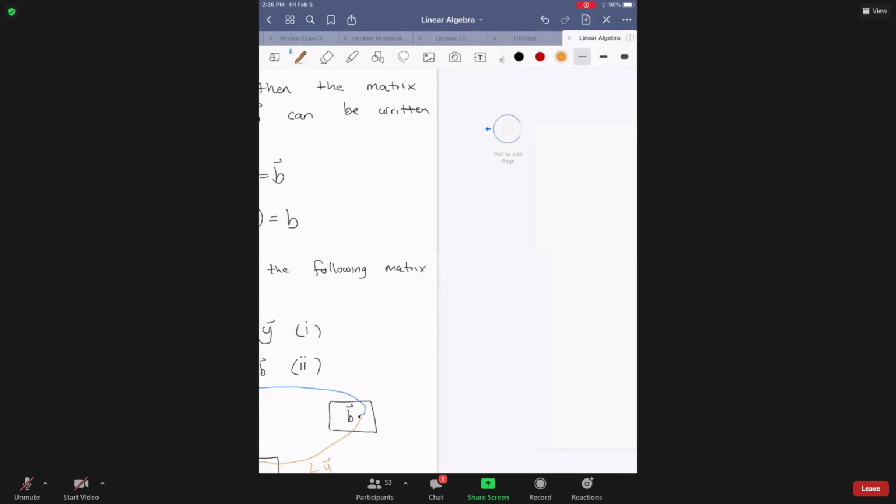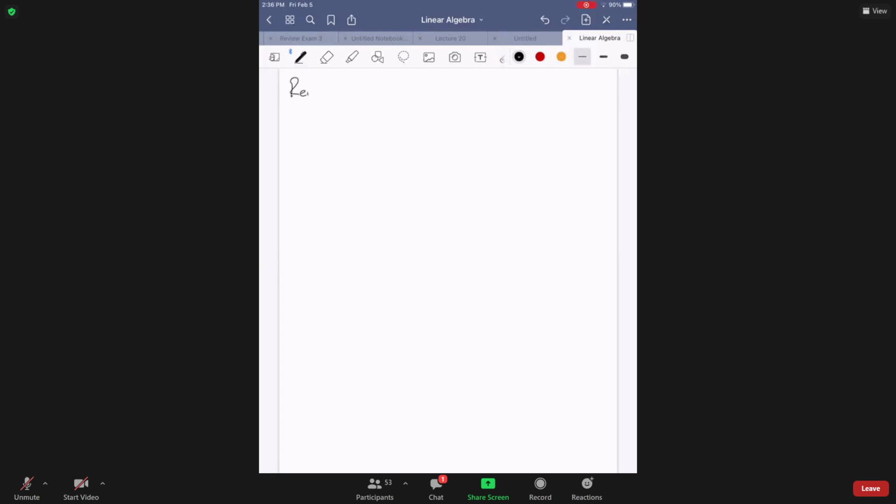Okay. So, remark. Notice that since U and L are triangular, it makes it easy to solve 1 and 2, right? Because remember, when we were solving just normal matrix systems, we always took it to REF, right?